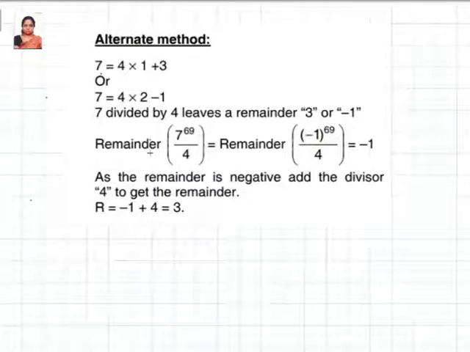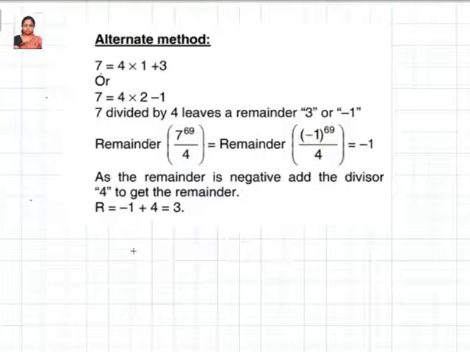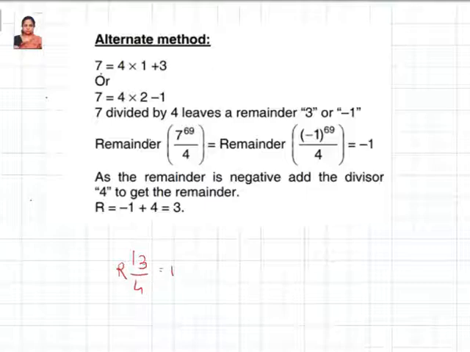Suppose I say 13 divided by 4, what is the remainder? You know that 12 goes, the balance will be 1. It's easy to find because 12 is a multiple of 4. After that you have 1 extra, so the remainder becomes 1.